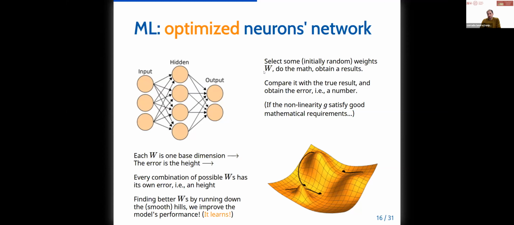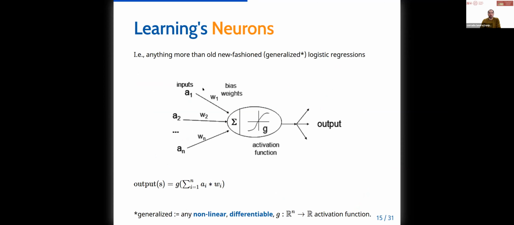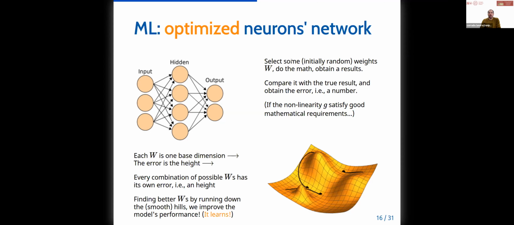As I said, you can consider quite any set of W numbers. Those numbers you can set as you want, and for every set of them you can do your multiplication, your sums, apply the result to the nonlinearity and have a result.